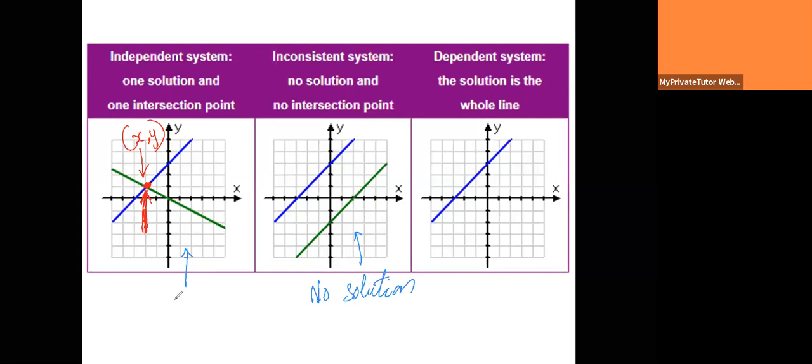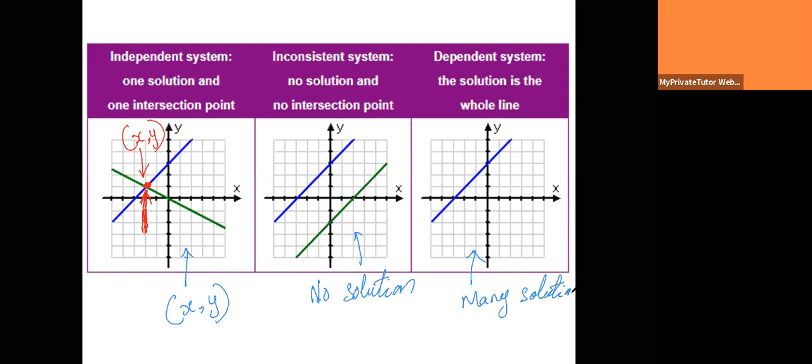If the lines are intersecting, like the first graph, we will get one solution, because at one place it is intersecting. The next one, if both the equations are the same, it is nothing but infinitely many solutions.